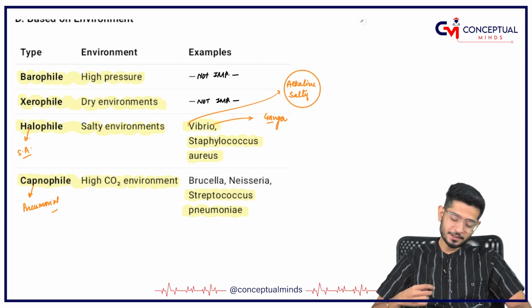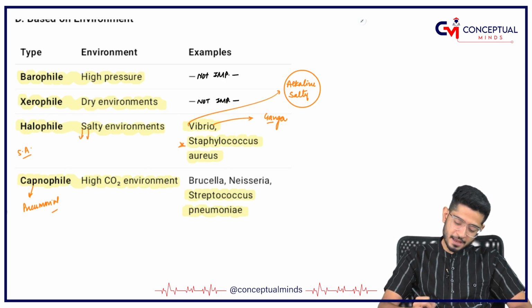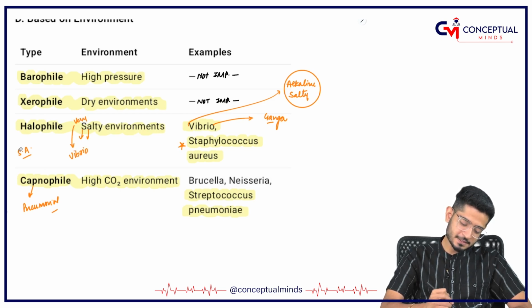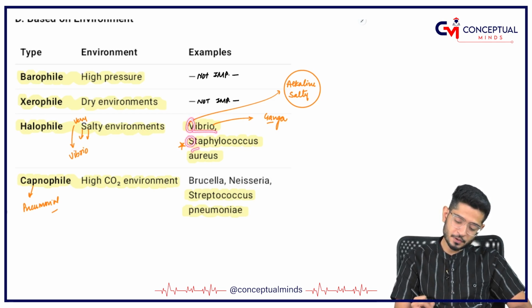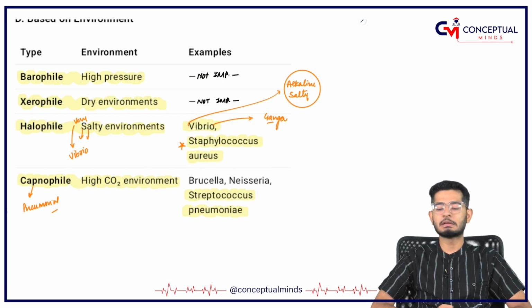You can remember salty: S and A, S for Staph aureus, or very salty, Vibrio. These are the examples. Vibrio grows in Ganga. Ganga water is salty, Ganga water is alkaline. So you can remember Vibrio, alkaline and salty water.